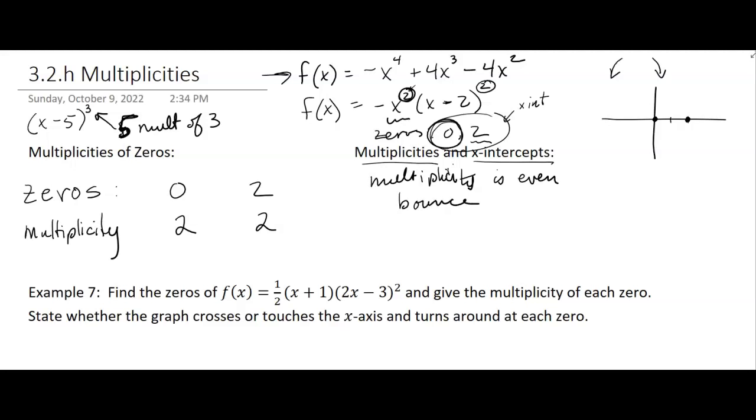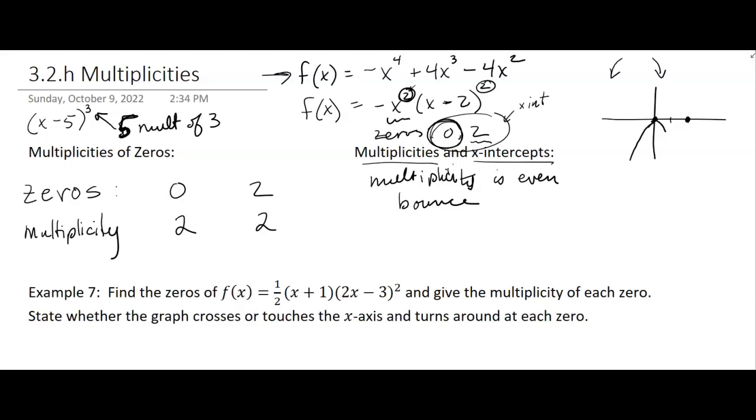It's going to bounce off the x-intercept. So maybe our graph over here is coming up and it's going to hit that x-intercept at 0 and it's going to bounce. Or in other words, it's going to turn around. I think that's how they say it in the textbook. It's going to hit the x-axis and turn, go back the other way.